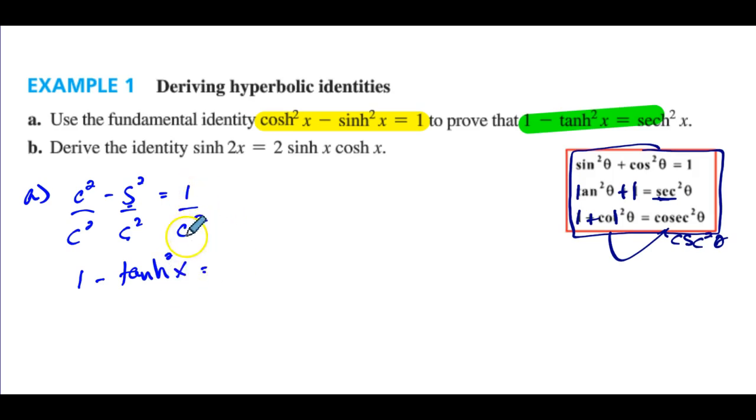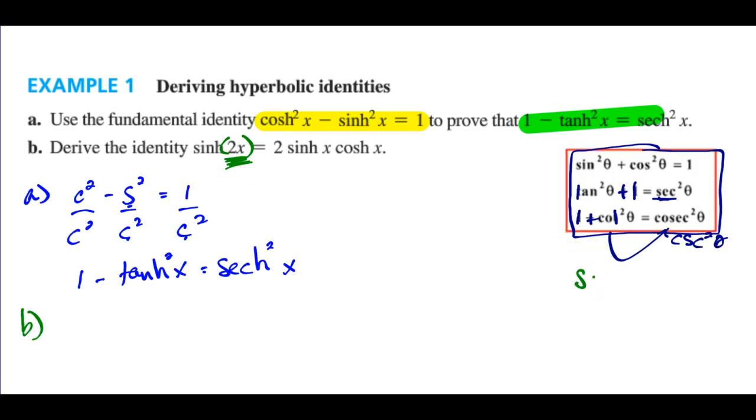And then 1 over hyperbolic cosine is, sure enough, exactly what you think it should be, hyperbolic secant. So there's part A. Part B, I see we've got a double angle here, so we'll work on that.